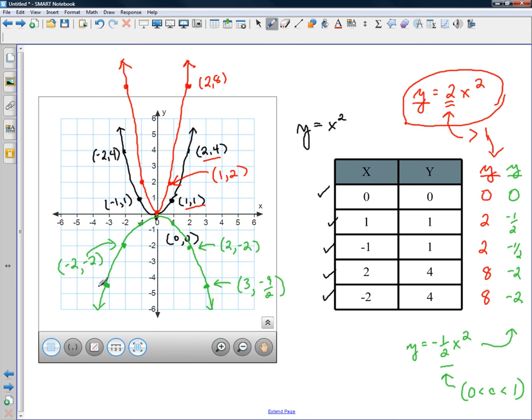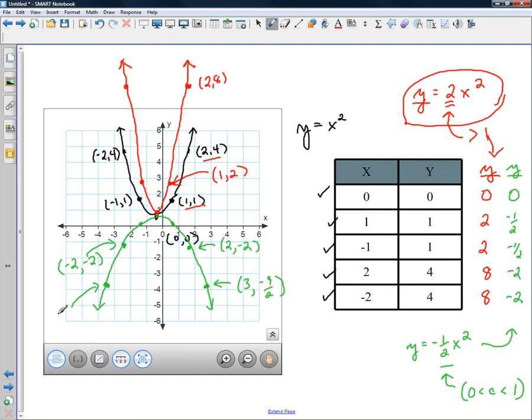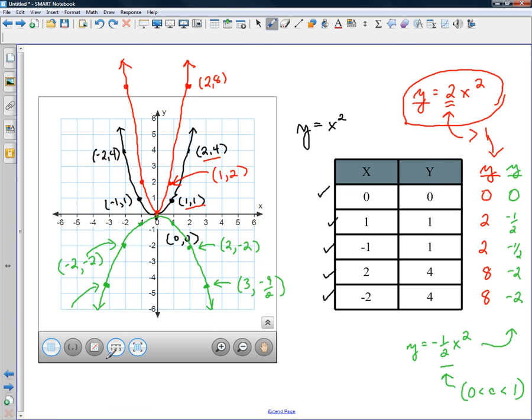And similarly over here, at negative 3, negative 3 squared is 9, and 9 times a negative 1/2 is negative 9/2, which is negative 4.5.